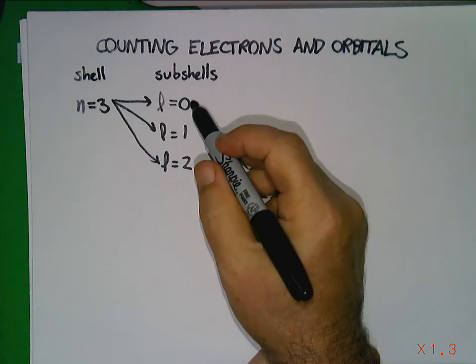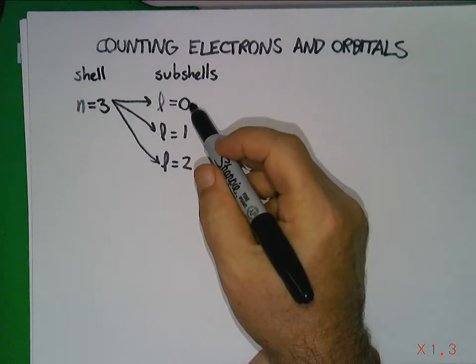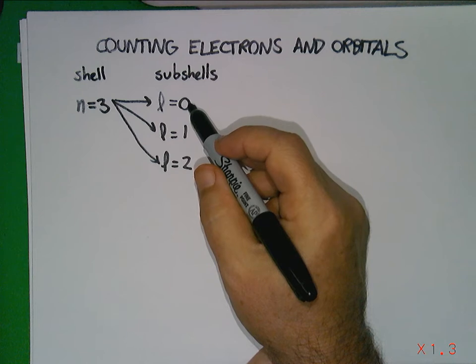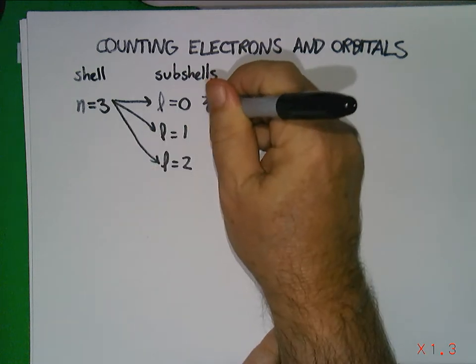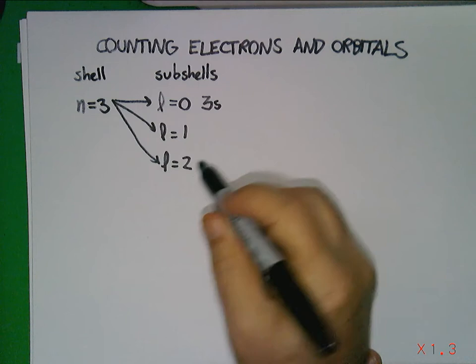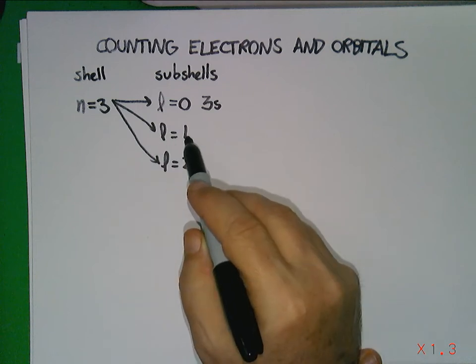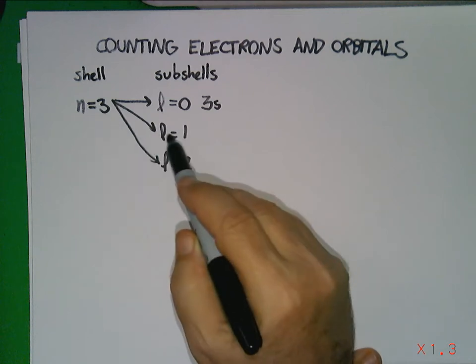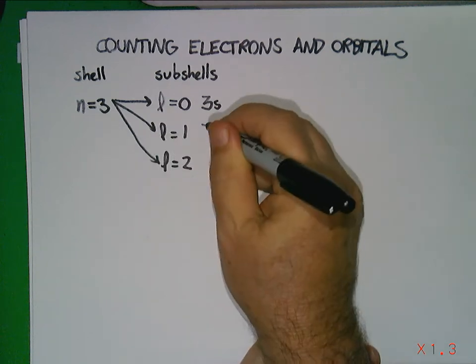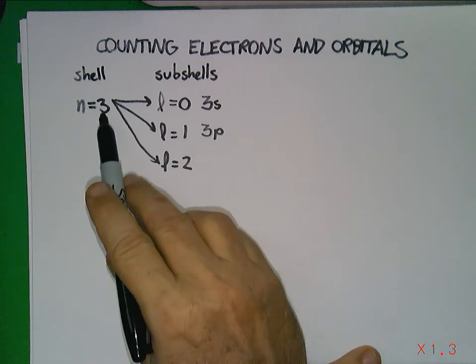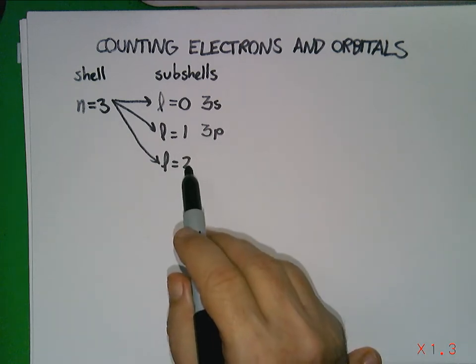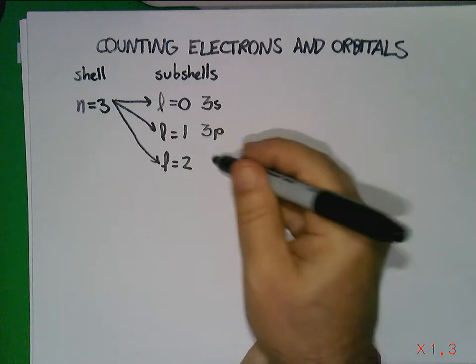Now what's the subshell that I have at that point? The code for L equals 0 is S. So this is a 3s subshell. The code for L equals 1 is P. So this is a 3p subshell that I have here. And the code for this one is D. So I have a 3d subshell here.